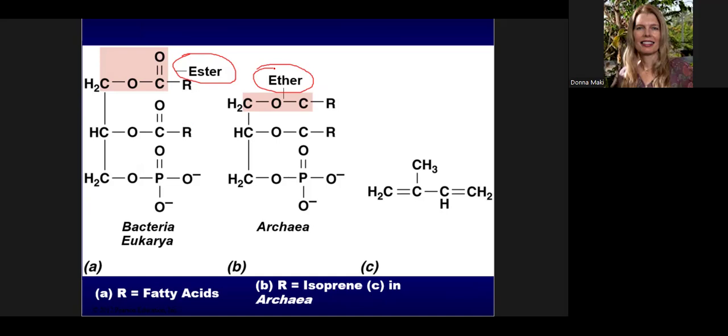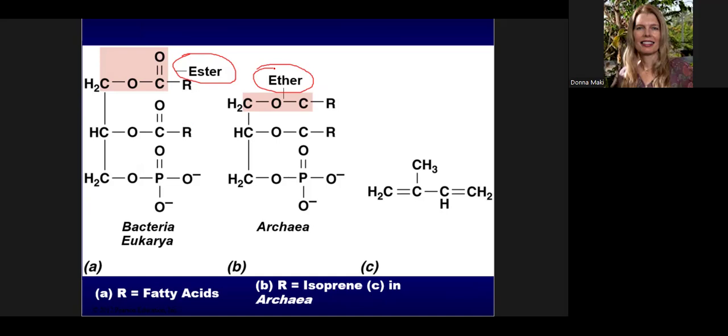And so, if you're looking at a newly isolated cell that you don't know what it is, that's one thing you could do. You could ask, does it have an ether or ester linkage? And at least you could narrow it down to whether it belongs to the domain archaea or the bacteria. And then this figure C here is the isoprene unit.